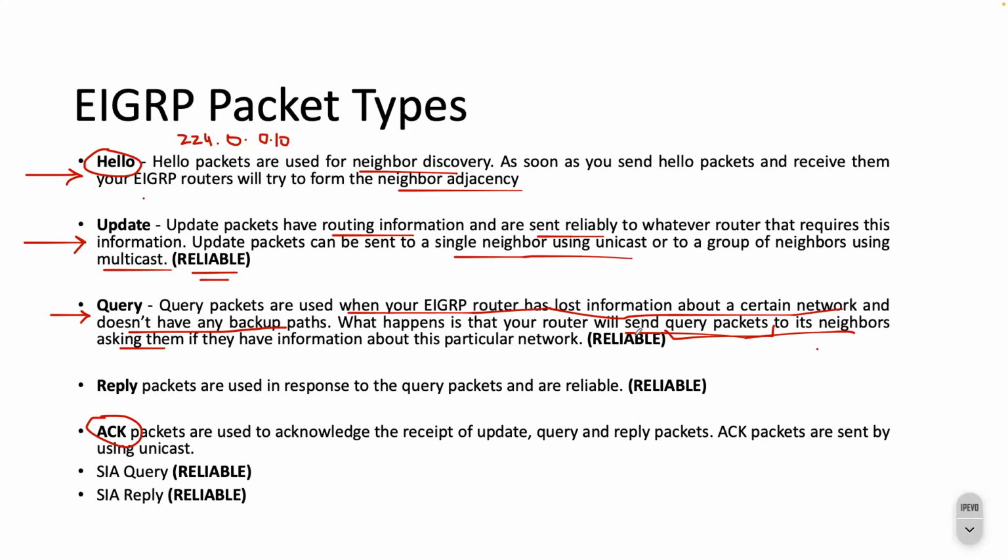They will respond back if they have any route for the lost route. It will put that route in an active state till the time it is waiting for a response to all the query packets.